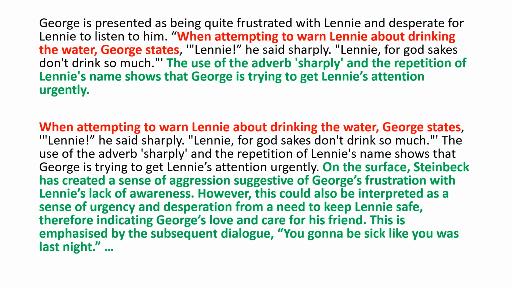I've talked about the surface level. So Steinbeck's created a sense of aggression, suggestive of George's frustration with Lenny's lack of awareness. We know that the pool is dangerous, or potentially dangerous because it's green, and we know that Lenny's not bothered with any of that. So perhaps George is frustrated, and maybe there is an aggressive tone to those words.